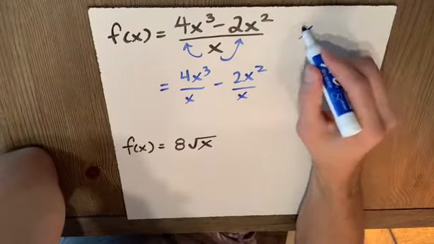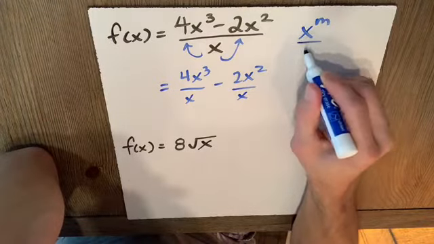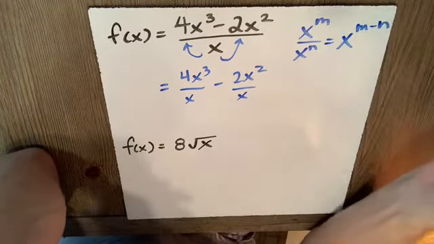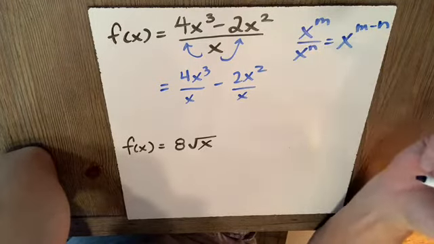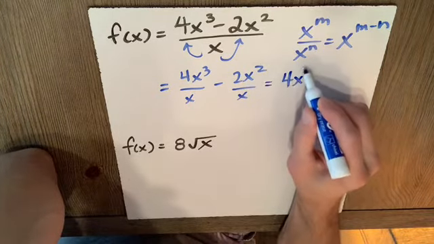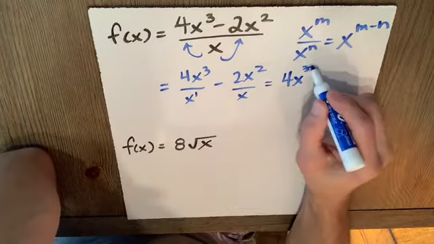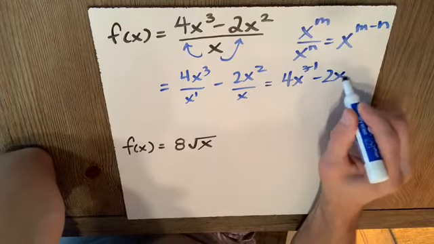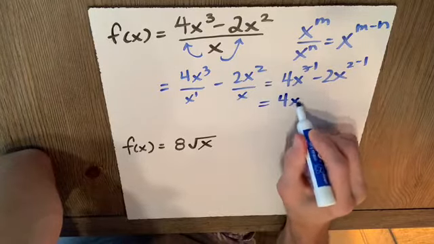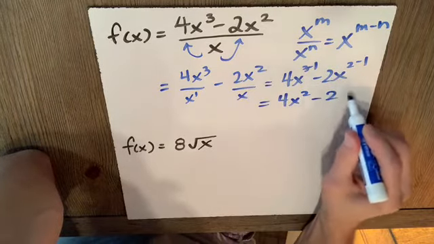Now, remember, if we have x to the m over x to the n, we'll get x to the m minus n. Exponent of the numerator minus exponent of the denominator. So this means we have 4x to the 3 minus 1 minus 2x to the 2 minus 1 to give us 4x squared minus 2x.